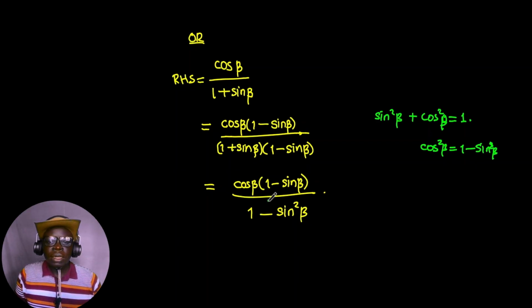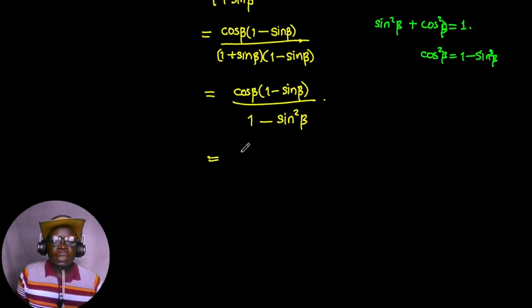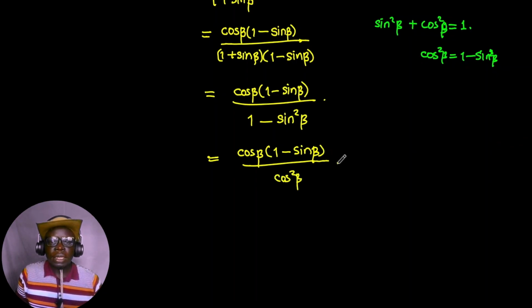Now replacing this denominator by only cos, we have the numerator still the same: cos beta times 1 minus sine beta, and the denominator has reduced down to cos squared beta. So from here, we need to cancel this cos beta with one of the cos beta here, and we are left with also cos beta.